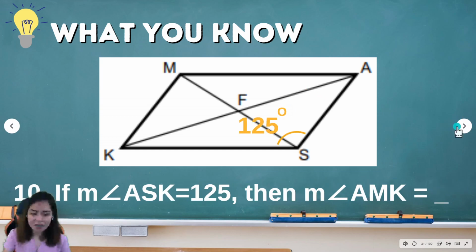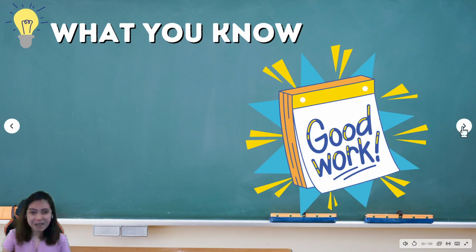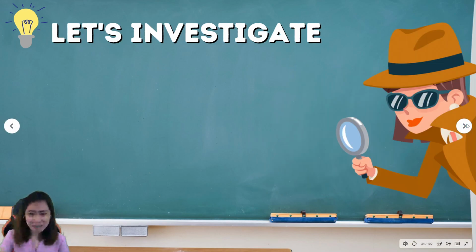If the measure of angle ASK equals 125, then the measure of angle AMK is equal to blank. Correct. The answer is 125. Good job, students. Let's go to the next part.